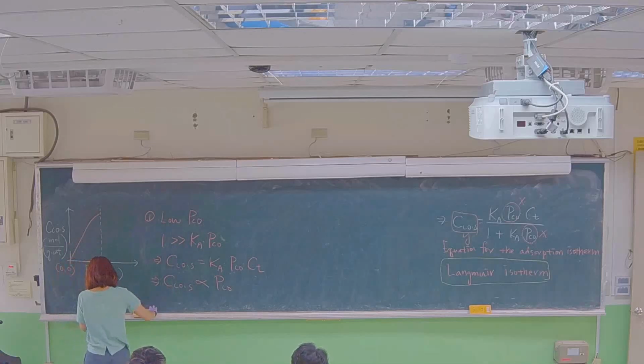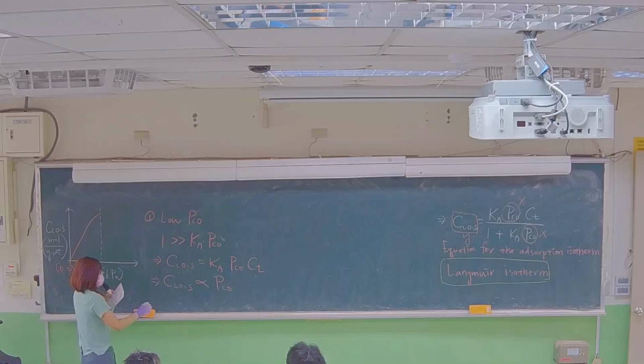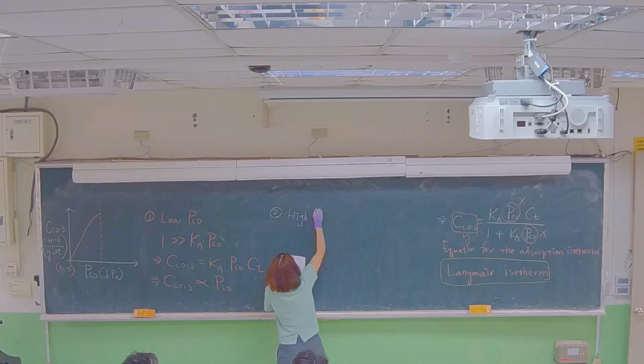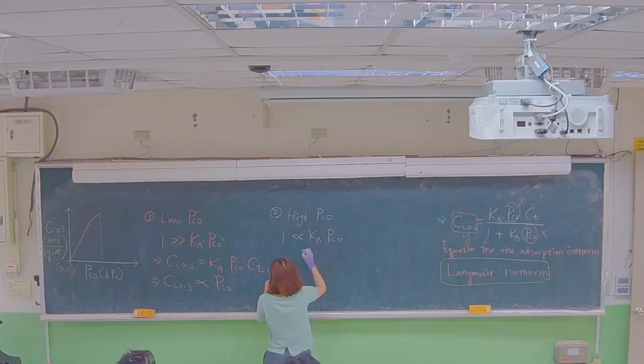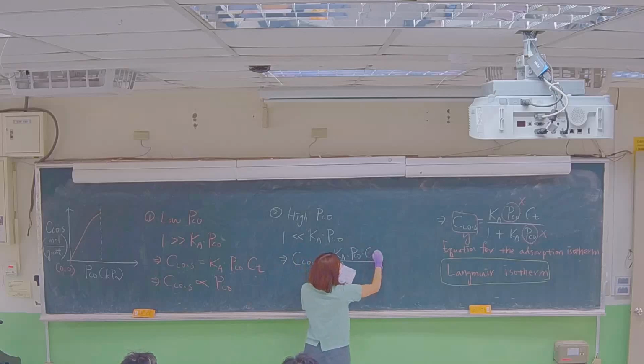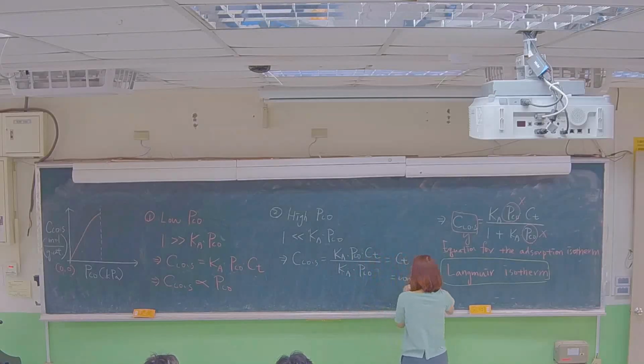Secondly, at a high PCO, let me use another color. At a high PCO, 1 is much smaller than KAPCO. So we reduce the original formula to this one.